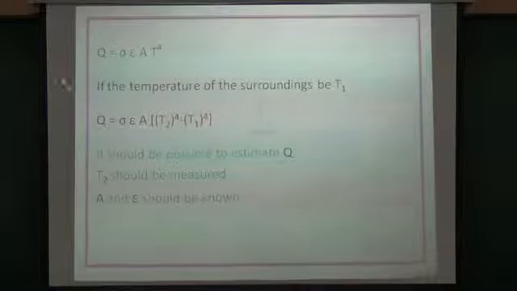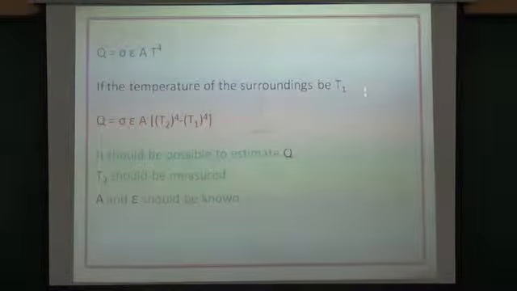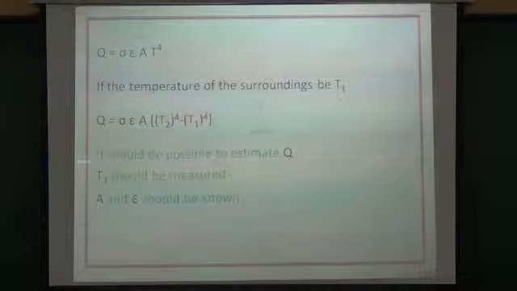The formula is Q is equal to this one, but if the temperature of the surrounding is T1, then we can rewrite the formula for Q. Q is equal to sigma into epsilon into A, into T2 to the power 4 minus T1 to the power 4. T2 is the temperature of the body and T1 is the temperature of the surroundings. So this is the formula which is used for measuring sigma.